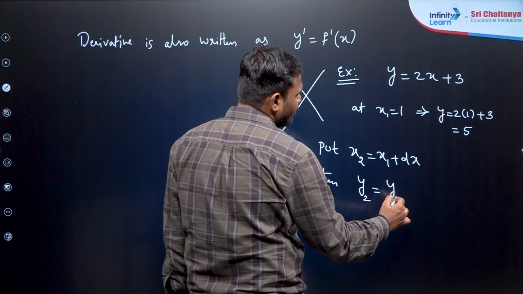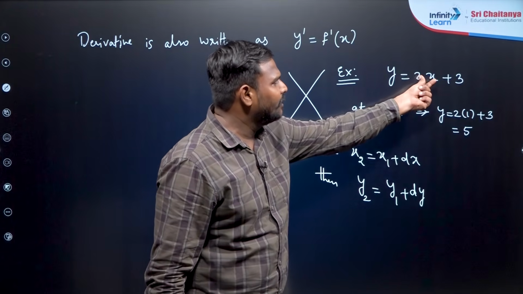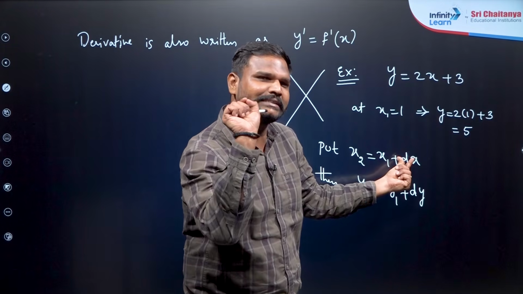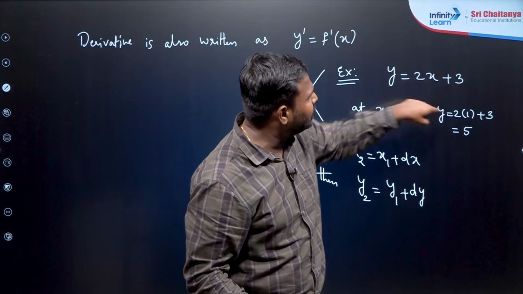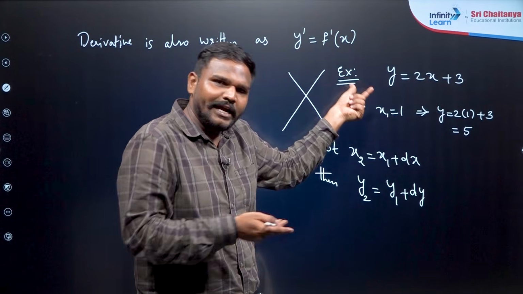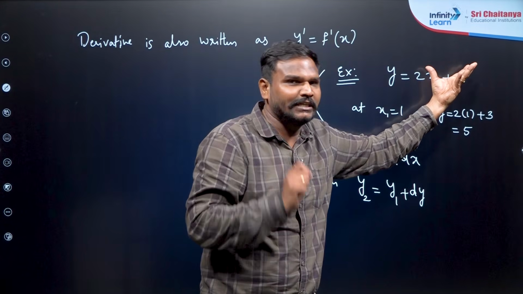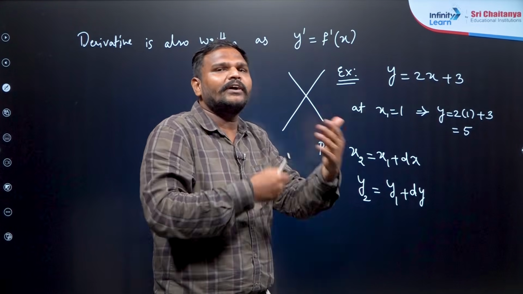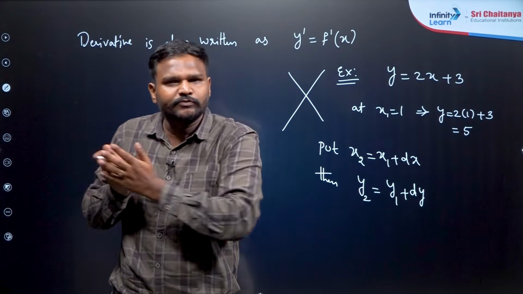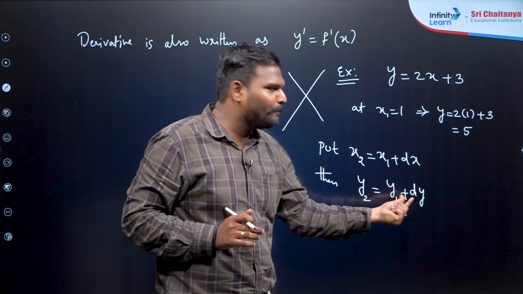It will also become y1 plus dy. Why? Because if you change the independent variable by the smallest element, then whatever change is visible in the function is the smallest change for the dependent variable, y. So y will become y1 plus dy.